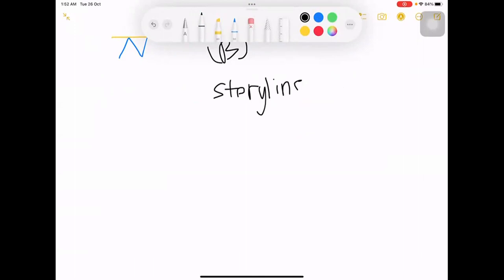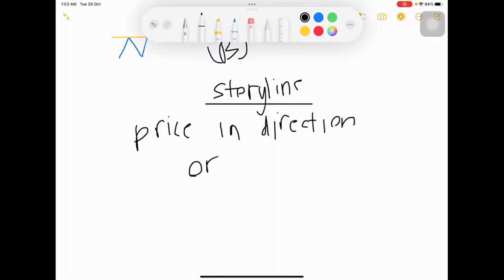So basically, we must understand the storyline because we want to identify whether the price is in direction or retrace. So very important. So we must recognize from where to where the price moves.